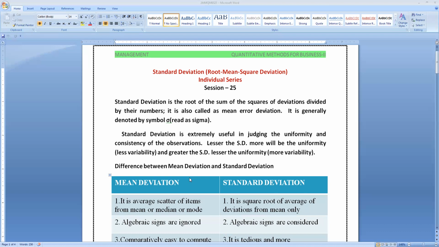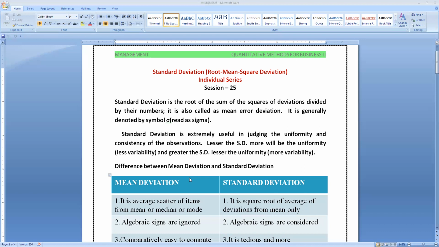The concept of standard deviation was introduced by Karl Pearson in 1893. It is one of the most important and widely used measures of dispersion. It measures the absolute dispersion of a distribution. Therefore, standard deviation is the square root of the arithmetic mean of the squared deviations of the values from their arithmetic mean.